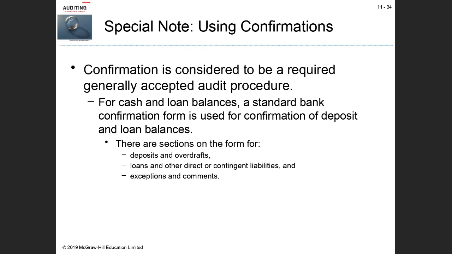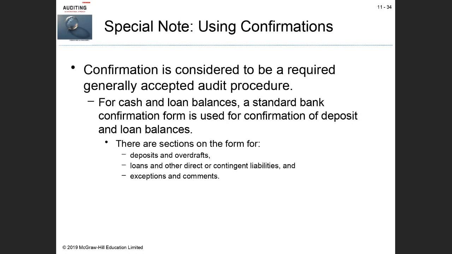Does it? Well, you send the bank confirmation form on page 475. The client signs it and asks the bank to complete it and return it to the auditing firm with a copy to the client. That bank confirmation form is used to confirm the amount of money in your client's bank account, as well as the amount of any loan balances.